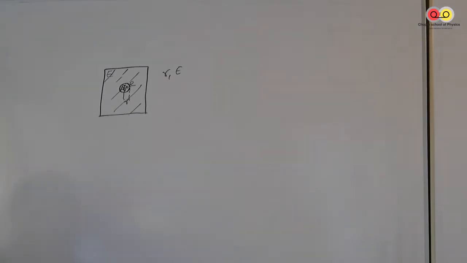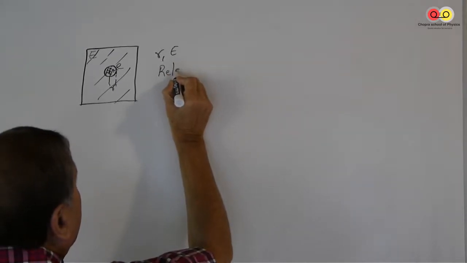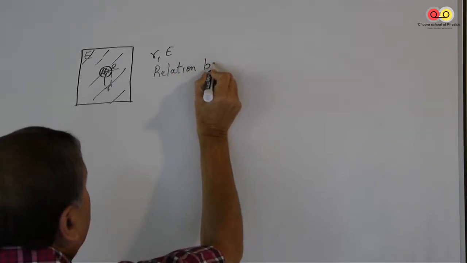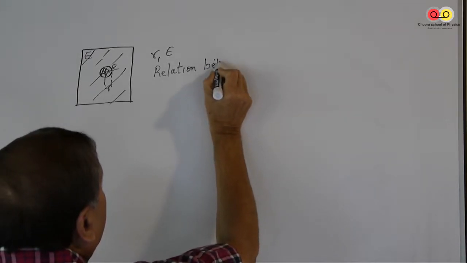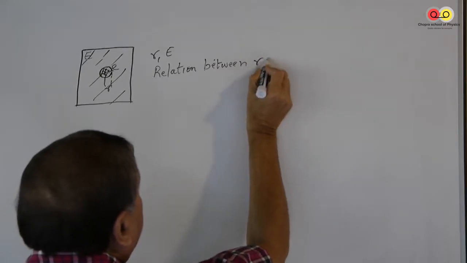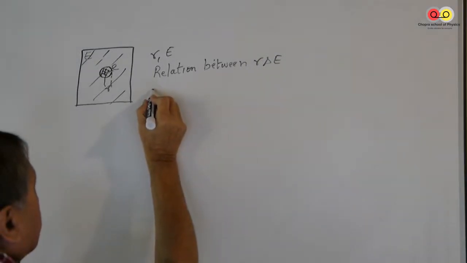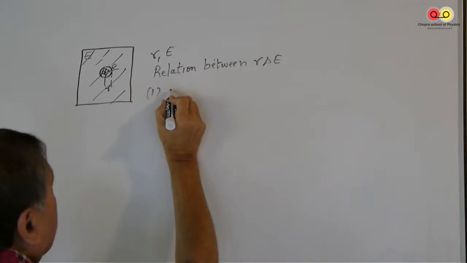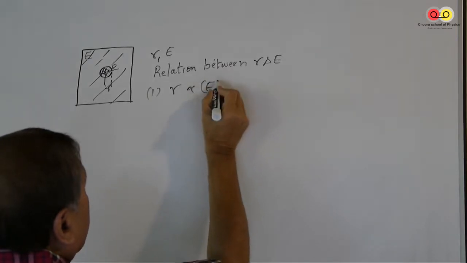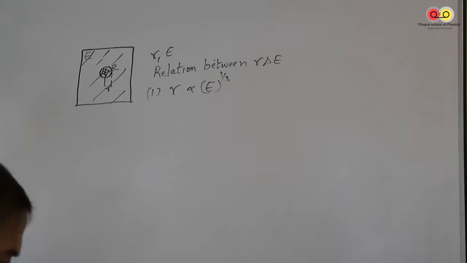So our question is the relation between R and e. One of the relations is radius directly proportional to e to the power 1 by 3.